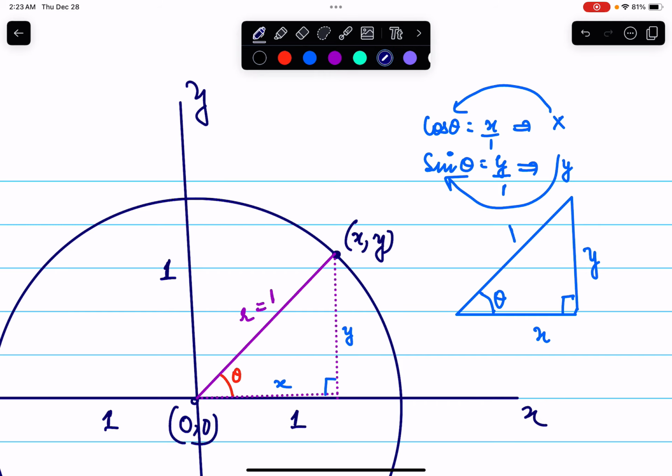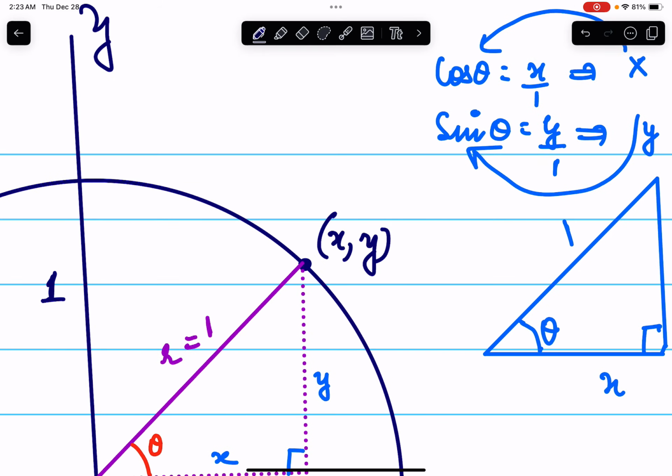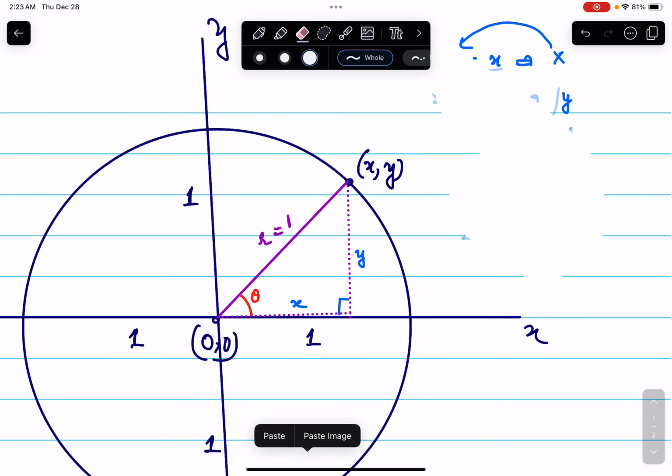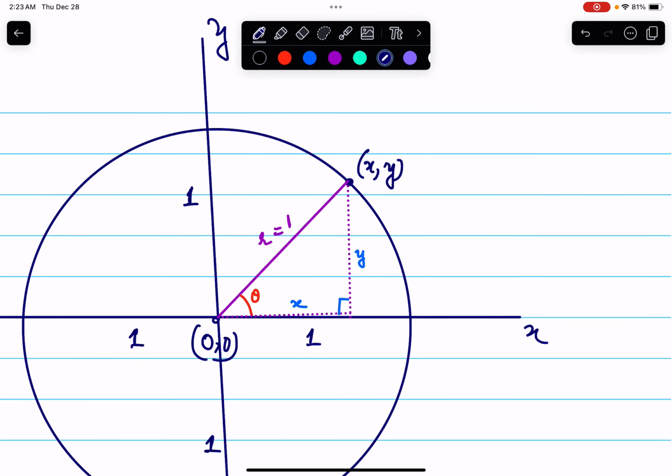And so precisely at this point, x comma y is just going to correspond to cosine of theta and sine of theta. So whenever we change this value of theta, you're going to get a different value of x comma y and a different value of cosine of theta and sine of theta.